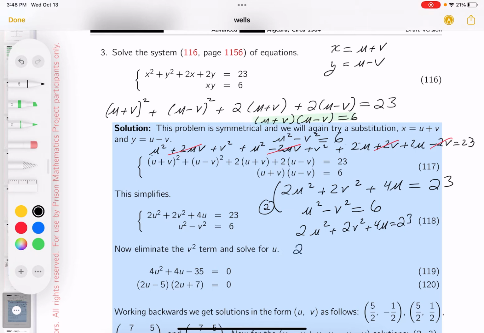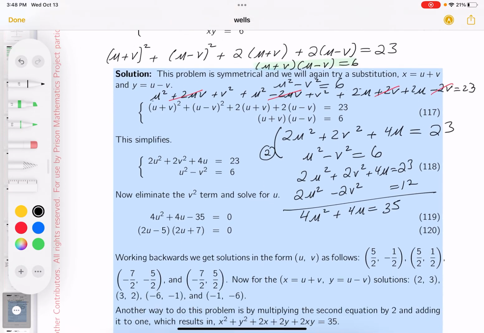You get 2u squared minus 2v squared is equal to 12. And I'm going to add these together. What do you get? 4u squared plus, the v's disappear, right? 4u is equal to 35. I'm at one letter now.